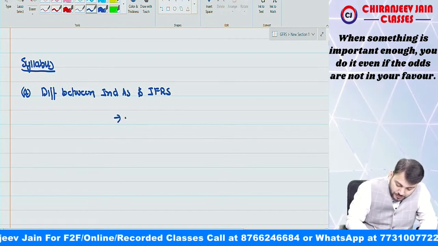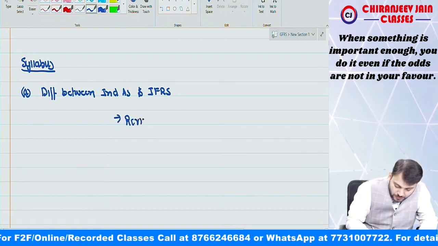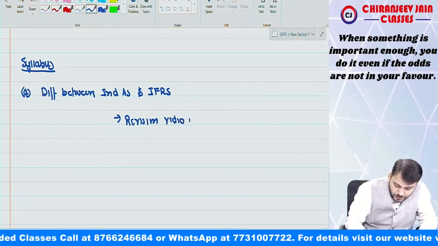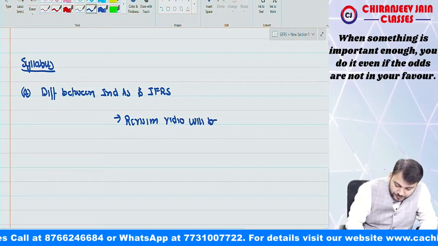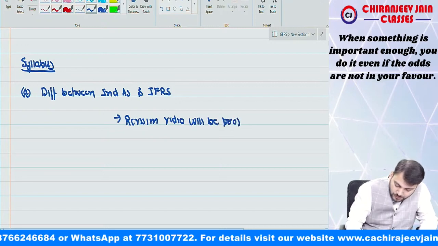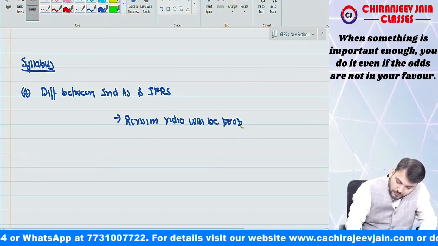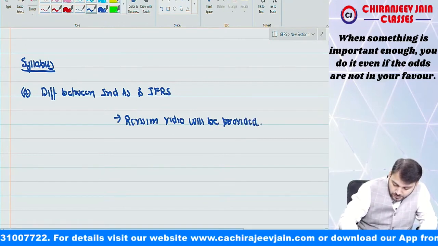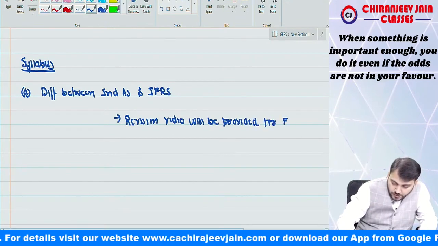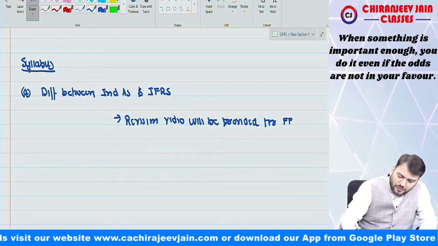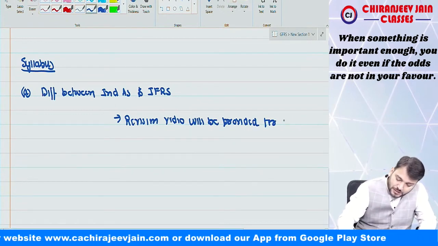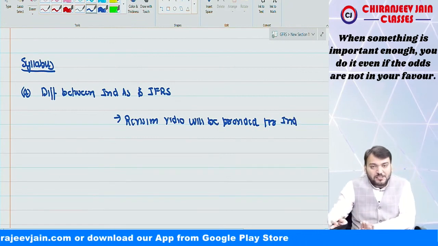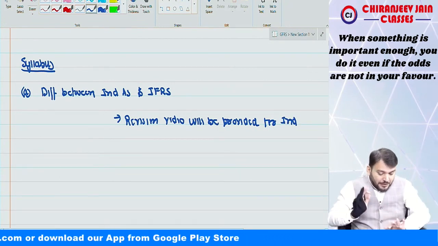For that, a revision video will be provided for Ind AS, that is, for the common part. The difference part we will do in this class only. Correct? Yes, sir.